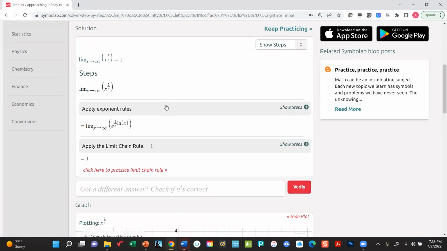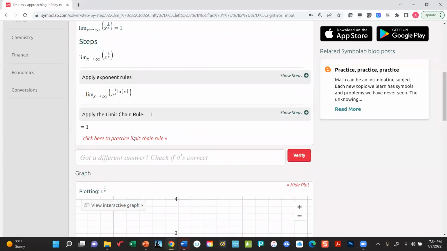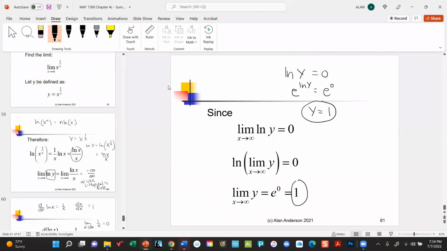Now, looks like they're doing it a little differently. They're rewriting x to the 1 over x as e to the 1 over x log x. I think ours is better, a little cleaner, but we end up with the same result. So anyway, now we're done with 4C. So 4D is a very, very interesting topic.